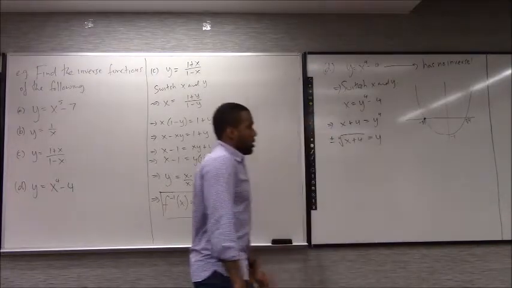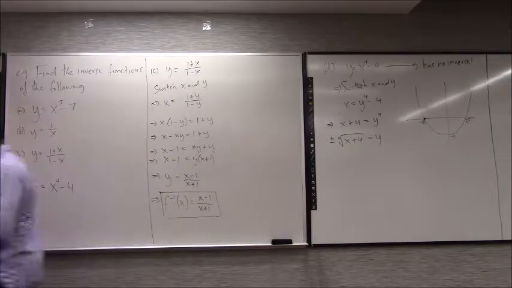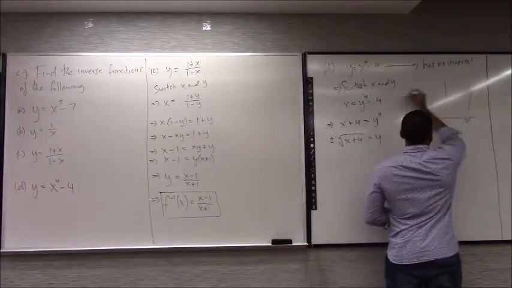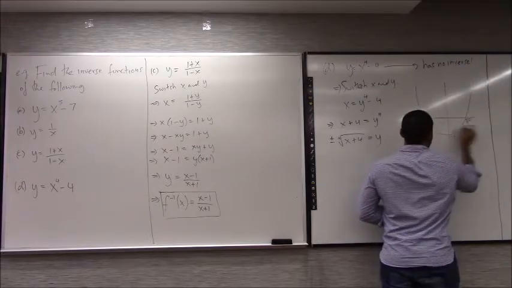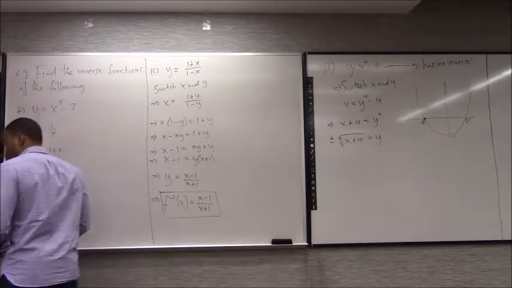Okay. And so the thing is, if you look at that picture now, you'll notice that it does not pass the horizontal line test. There are a bunch of horizontal lines I can draw here that will touch this curve in 2 places. And so one way we can fix this is to what we call restrict the domain.